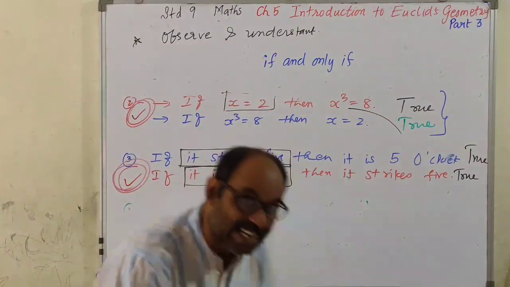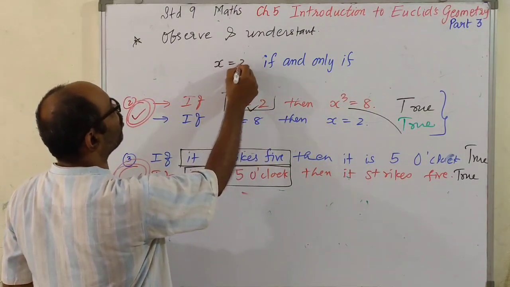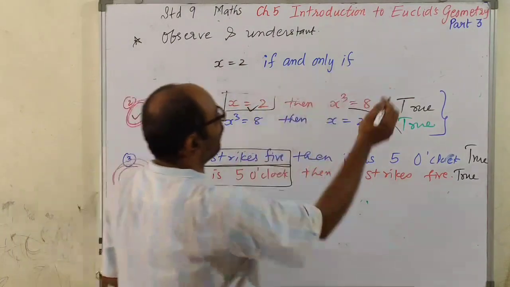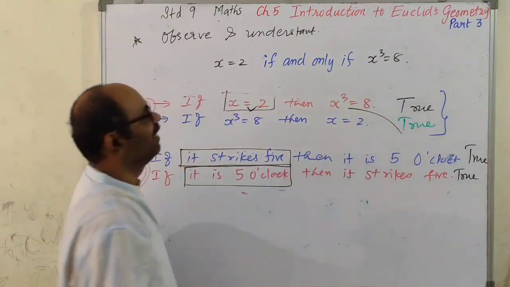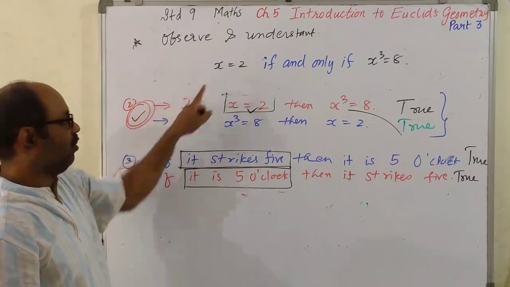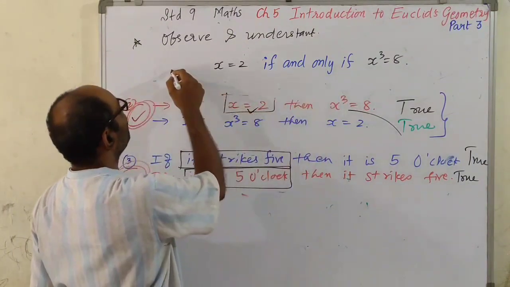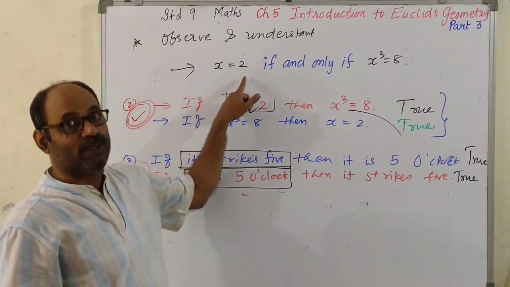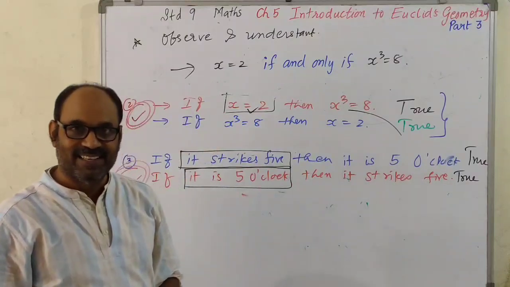Now tell me, what is the condition here? x equal to 2. You write, start that. And after that, what is the consequence? x cube equal to 8. Correct? No need of writing if again. If and only if, written in the center. See please. x equal to 2 if and only if x cube is equal to 8.